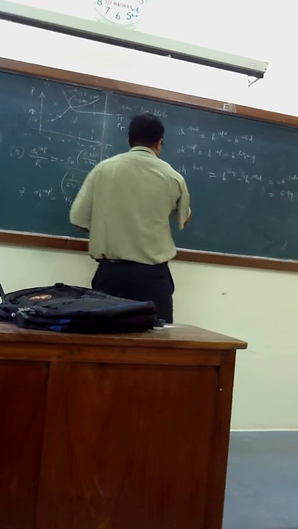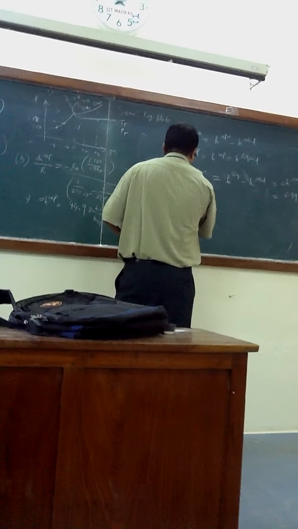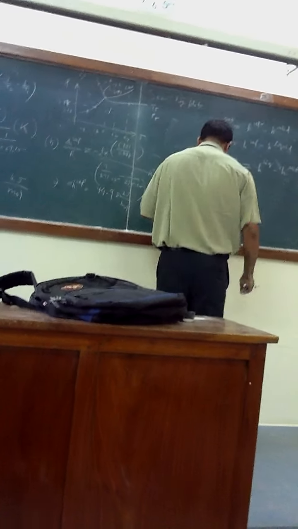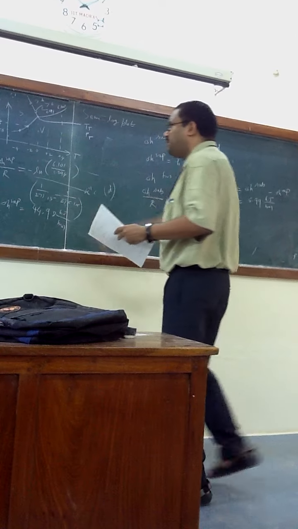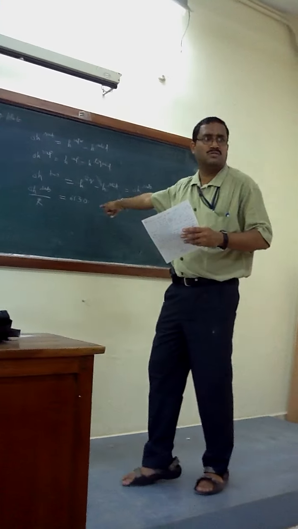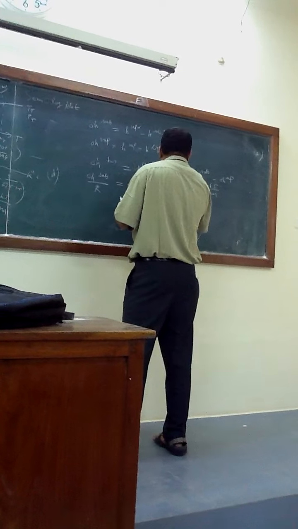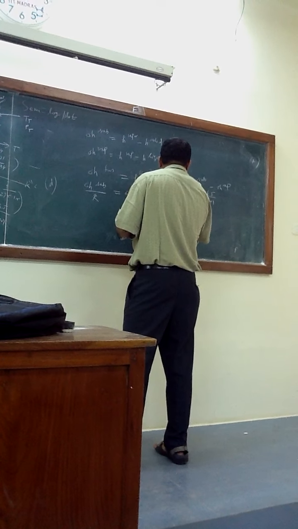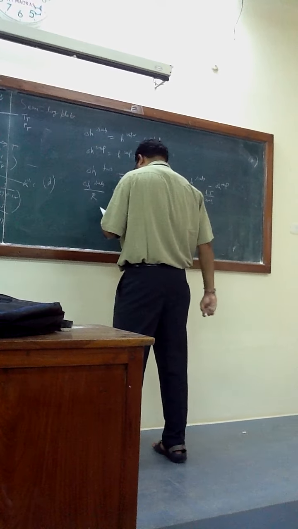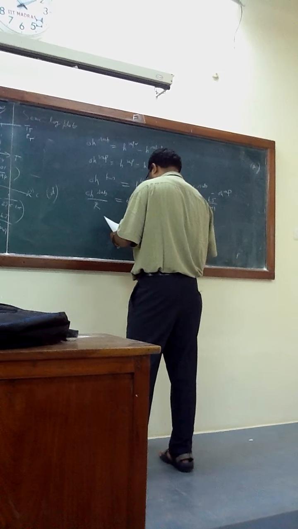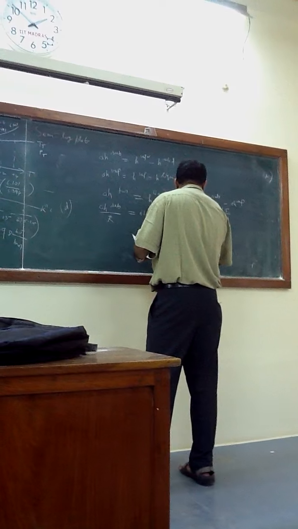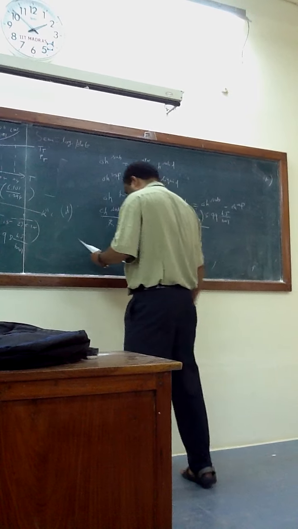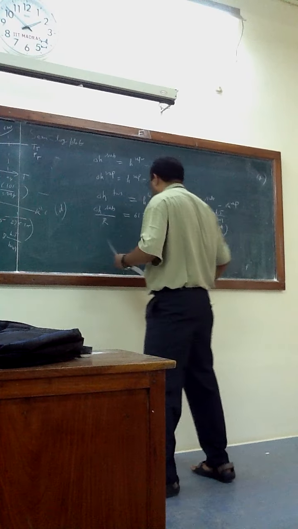Delta H sublimation by R is 6130, which we already proved in the first problem: 6130 equals ln of Pt by P at T1, divided by 1 by Tt minus 1 by T1. Equation A.